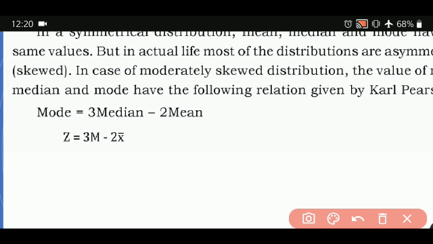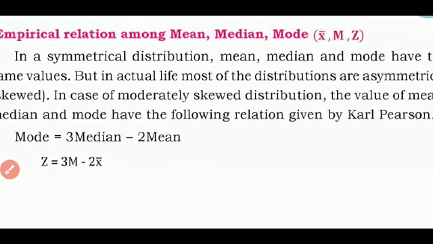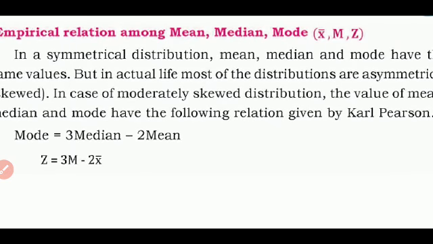If you divide this diagram into two equal parts, both parts are not equal, so that is asymmetrical. Most of the time the distribution is asymmetrical and sometimes it is symmetrical.